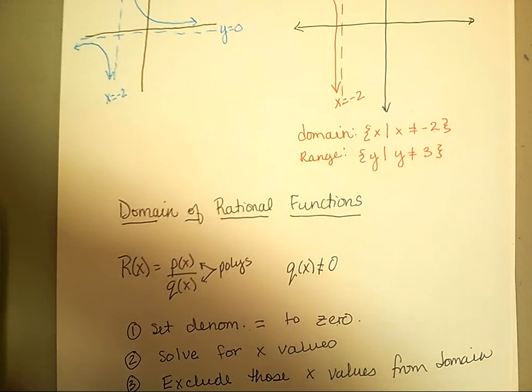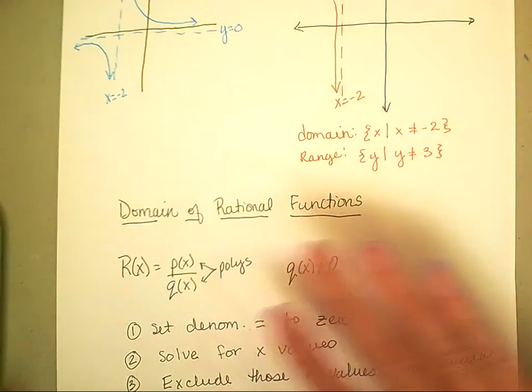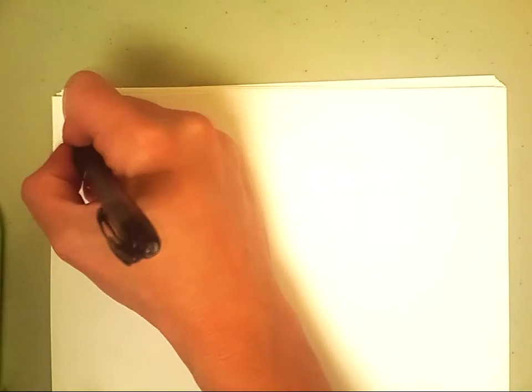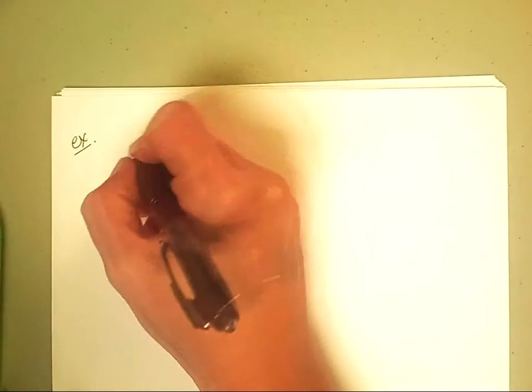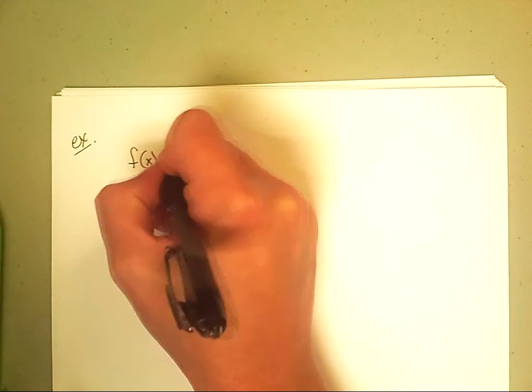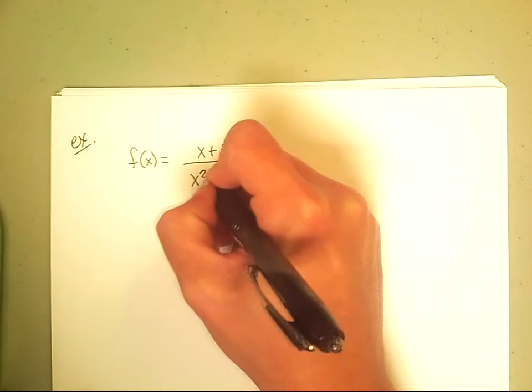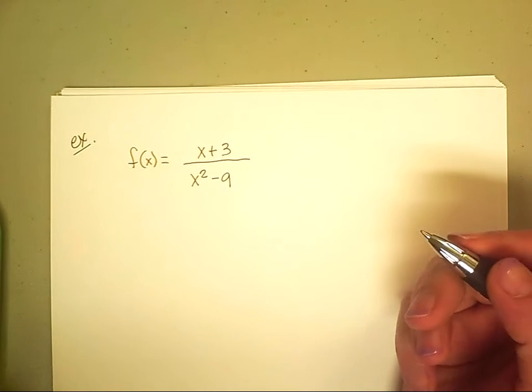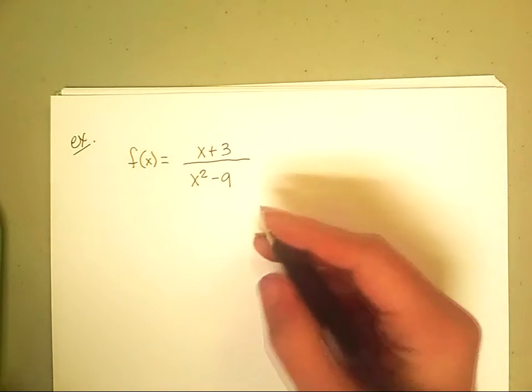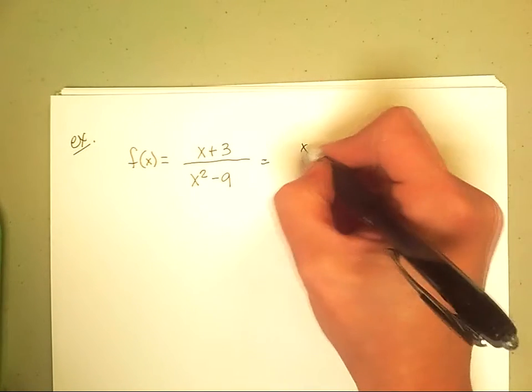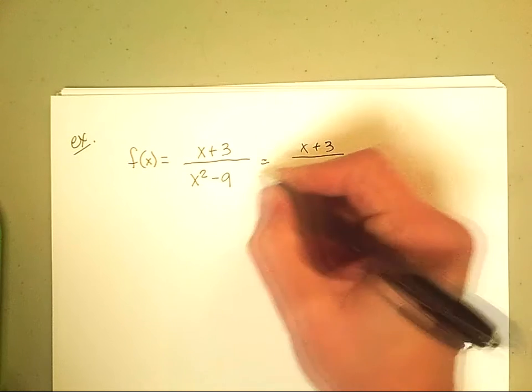Alright, so for example, let's find some domains. Let's say we have f of x is equal to x plus 3 over x squared minus 9. Well, the numerator is already factored. This is x plus 3.